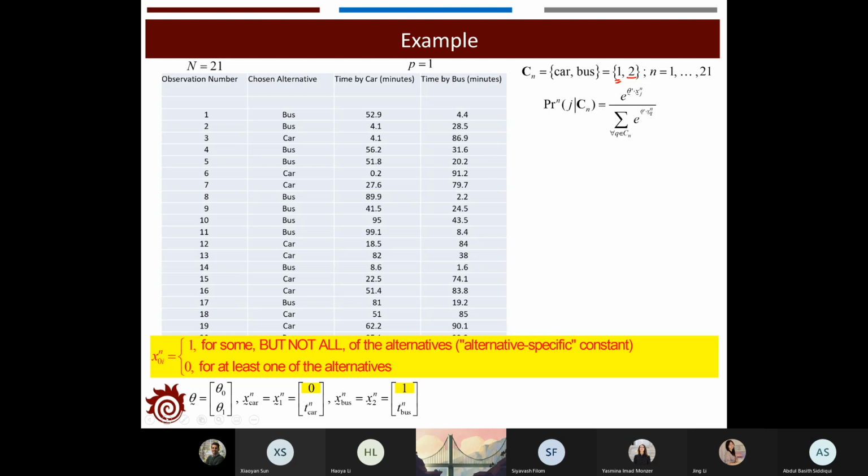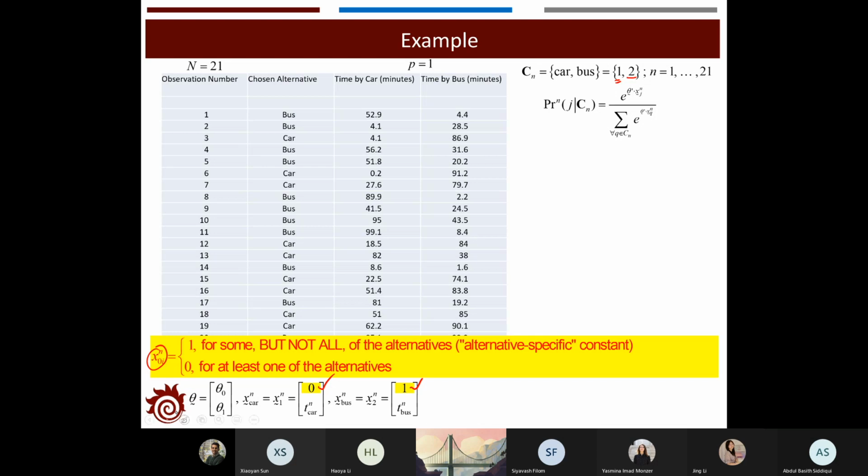In this case, we can assume that for this dummy variable, if it's a car, then the value is 0, and if it's a bus, then the value is set as 1. This is a very important step. If you don't have this step, it will not be easy for you to differentiate the decisions between the car and the bus. So we have this dummy variable x0i for the bus and the car.